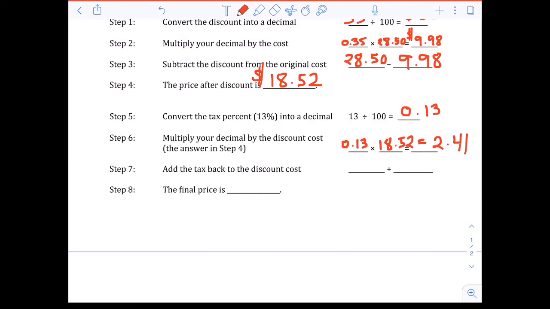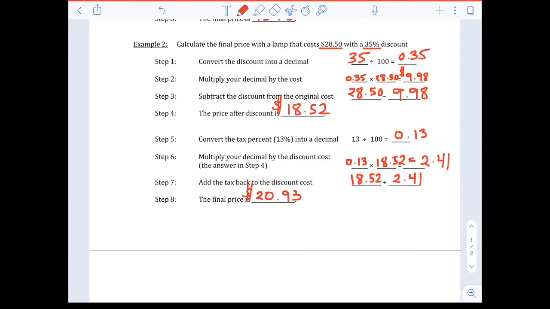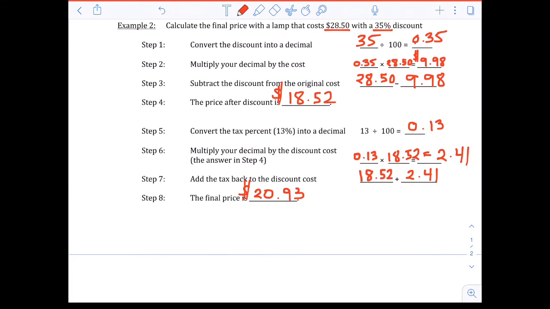So let's calculate how much it costs us. It was $18.52 was the new sale price, but I have to add tax $2.41, and when I add those ones together, we get the new price of the lamp, which is $20.93. That's what we'll pay for our lamp that originally cost $28.50.